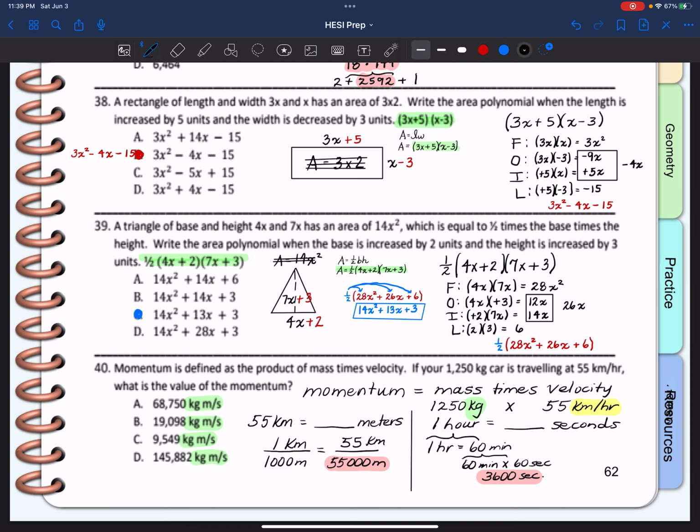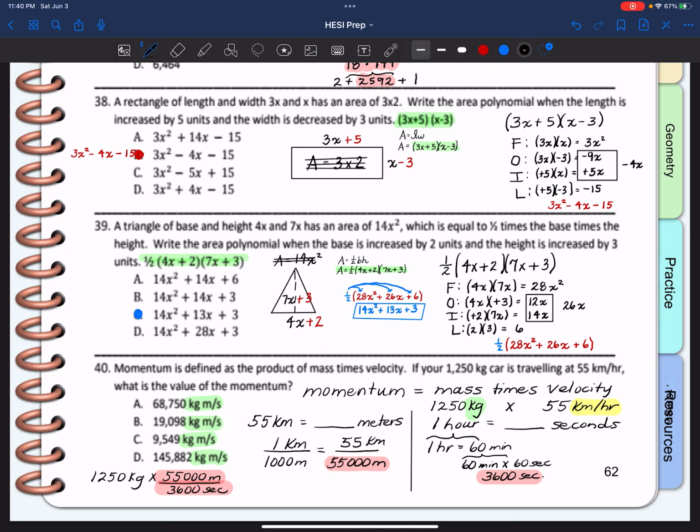So when I actually go to multiply, I'm going to be saying 1,250 kilograms, the mass of the car, times 55,000 meters over 3,600 seconds. It is very important that you multiply by this factor and not the 55 kilometers per hour.